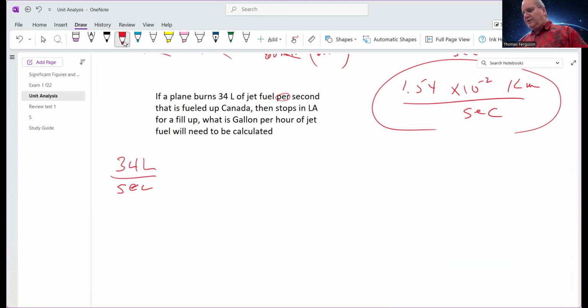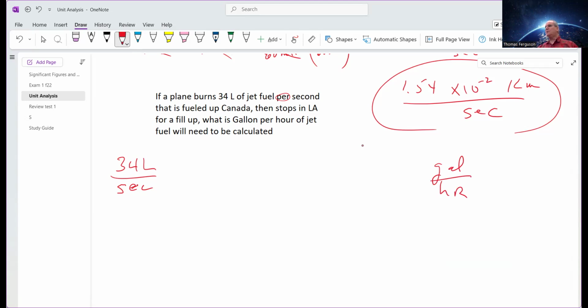What we're trying to calculate is gallons per hour. So it's a fraction problem again, 2 problems. We're doing liters to gallons, seconds to hours.